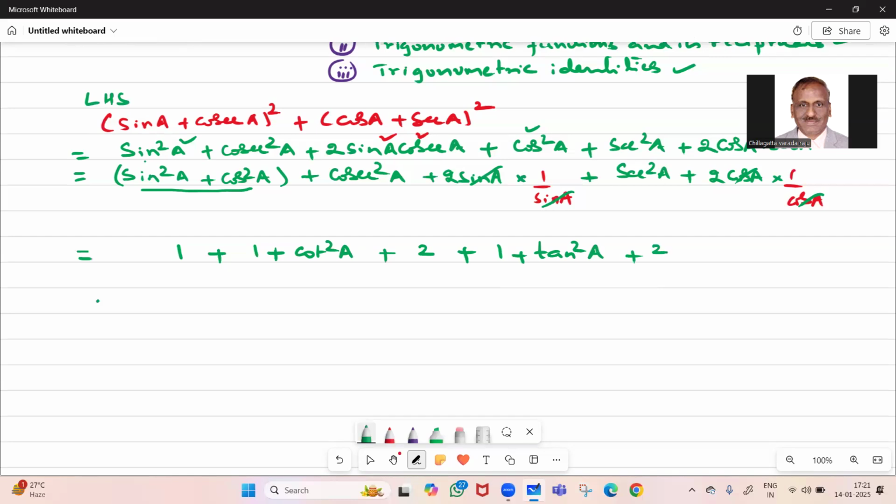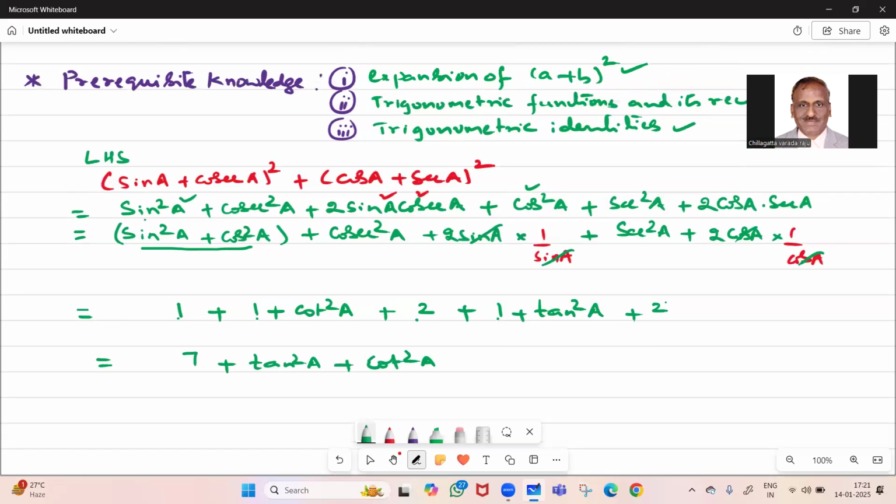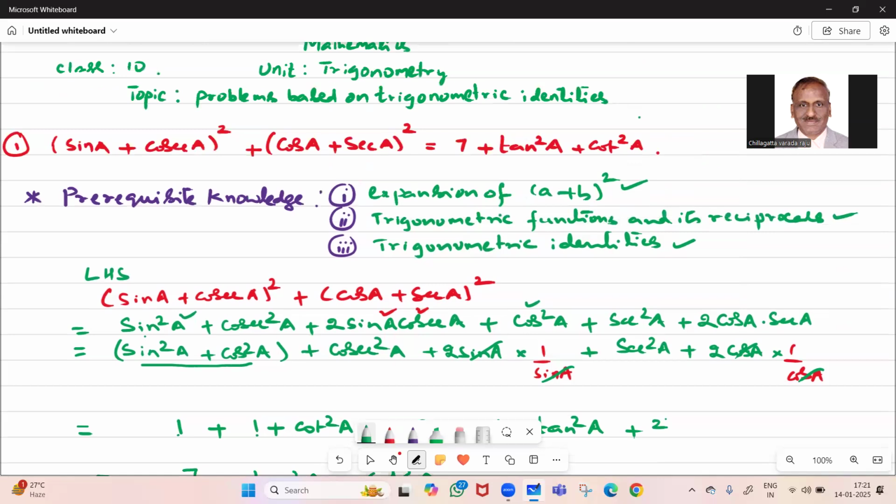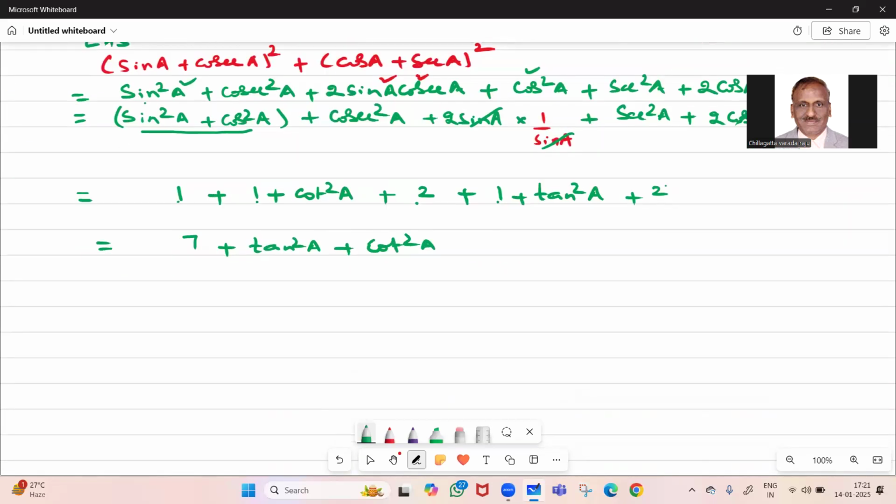So what is the sum of the numericals we got? 1 + 1 is 2, 2 + 2 is 4, 4 + 1 is 5, 5 + 2 is 7. So 7 is what we got, and tan square A and cot square A are also there: 7 + tan square A + cot square A. So check what you are supposed to prove in the given condition: (sin A + cosecant A) whole square + (cos A + secant A) whole square equals 7 + tan square A + cot square A. Have you seen that we got the same answer or not?